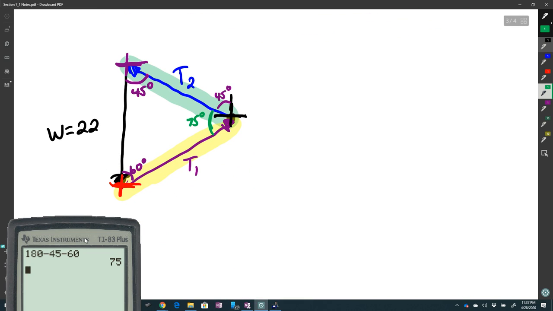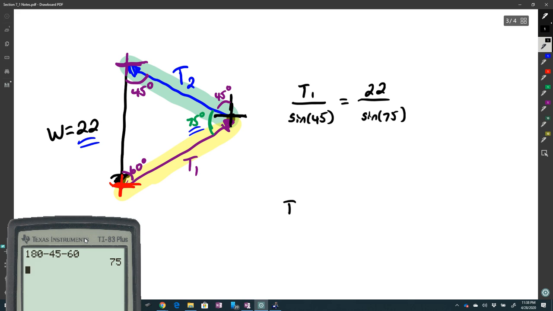All right. So from there, notice that I have an angle, opposite side, and with that I can figure out what T1 and T2 are. So I have T1 over its opposite angle is sine of 45 is equal to 22. Its opposite angle is sine of 75. I also have T2, opposite angle is sine of 60, equals 22 over sine of 75.